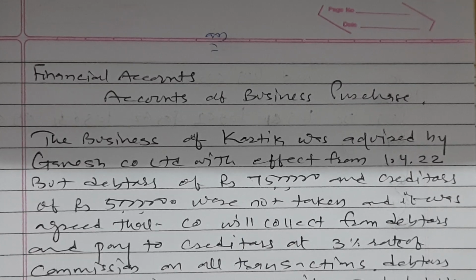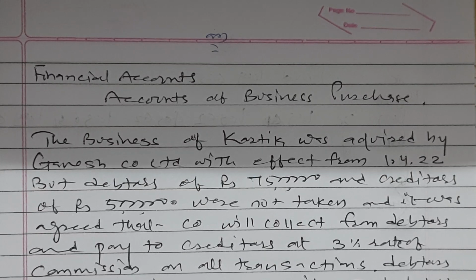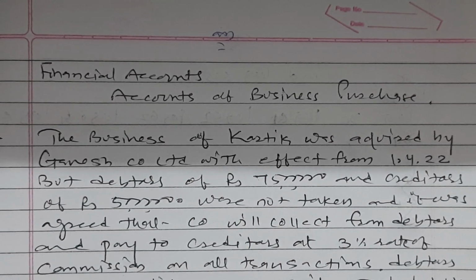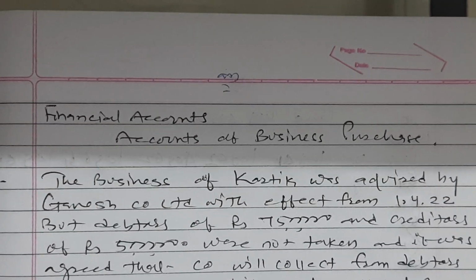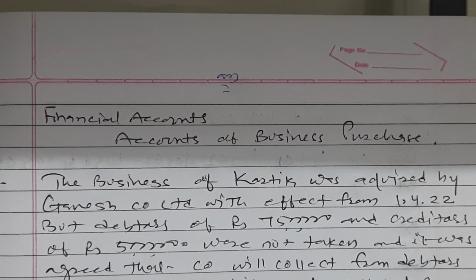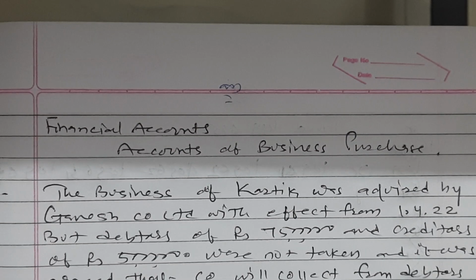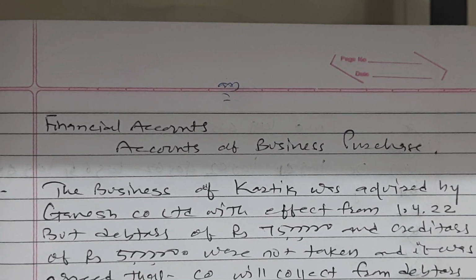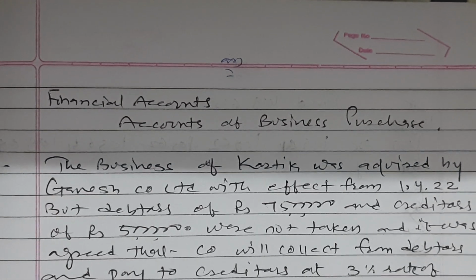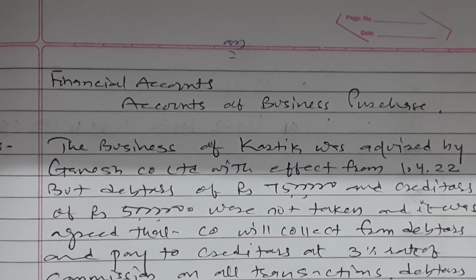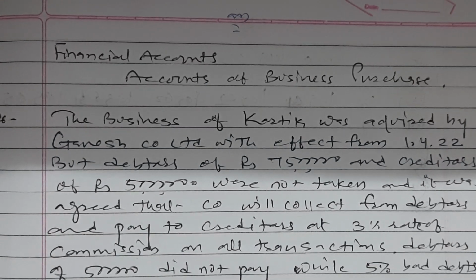In this lecture, we are going to solve a question of accounts of business purchase in financial accounting for FY BCom. As you can see, the question is: the business of Karthik was acquired by Ganesh Company Limited with effect from 1/4/22, but the debtors of 75 lakh and creditors of 50 lakh were not taken, and it was agreed that the company will collect from debtors and pay to creditors at 3% rate of commission on all transactions.